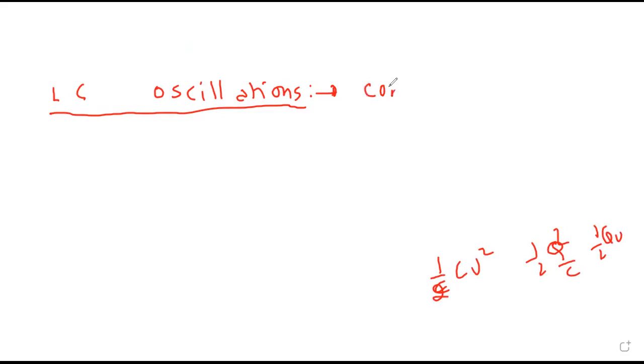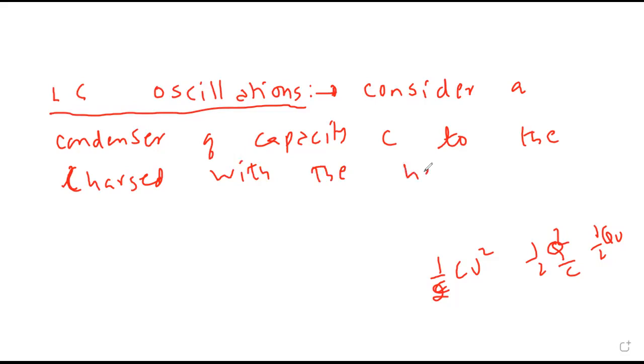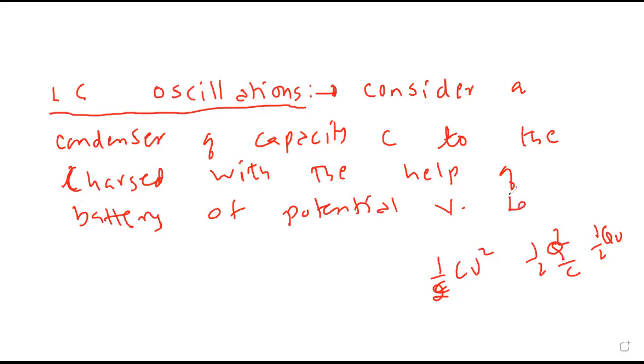So if I consider a condenser of capacity C charged with the help of a battery of potential V, let Q naught be the total charge.